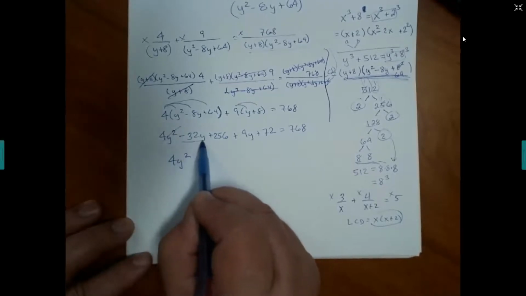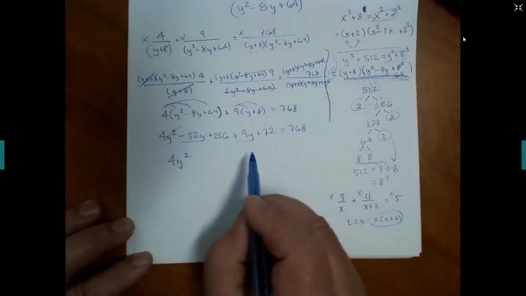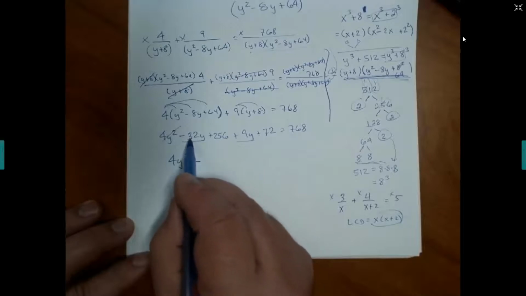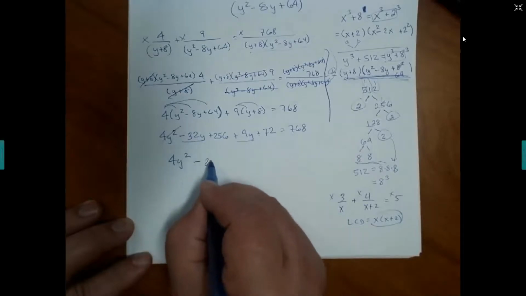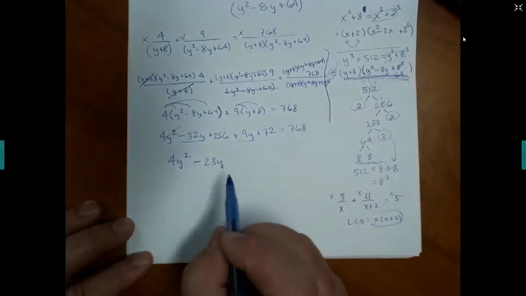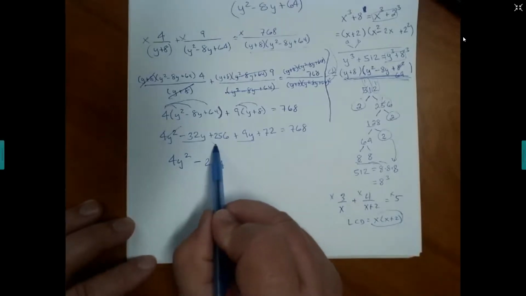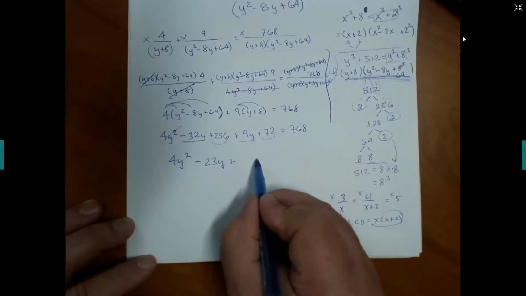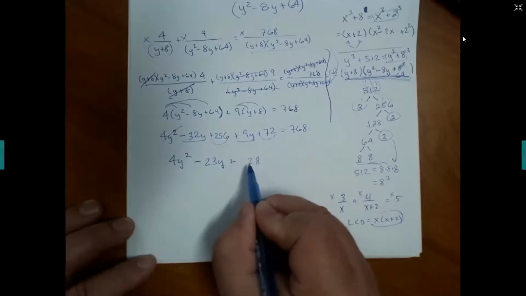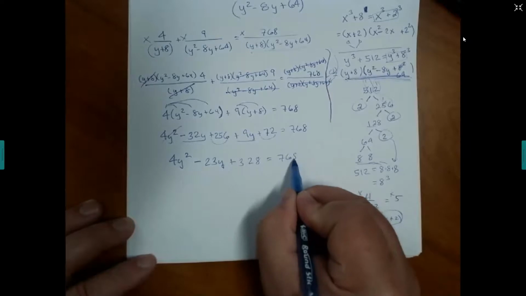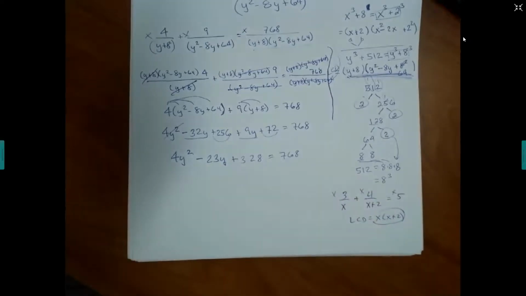Here's a negative 32y and a positive 9y. 32 is bigger, so it's negative. 32 minus 9 is 23y. 256 plus 72, they're both positive. 328. Just combine like terms.